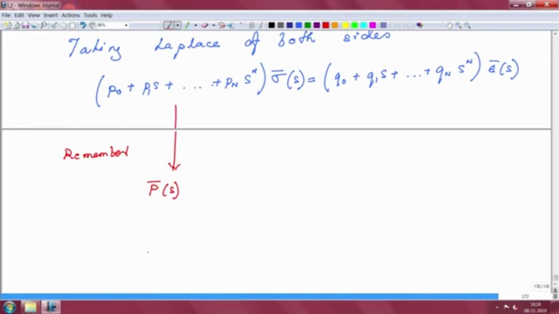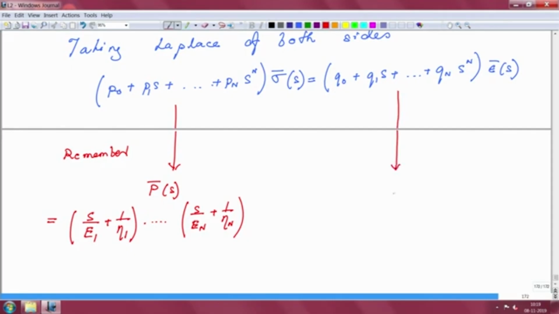I can represent it like this, which is basically equal to s by E 1 plus 1 by eta 1, up to s by E n plus 1 by eta n. And on the right hand side, this is the Laplacian of the polynomial.